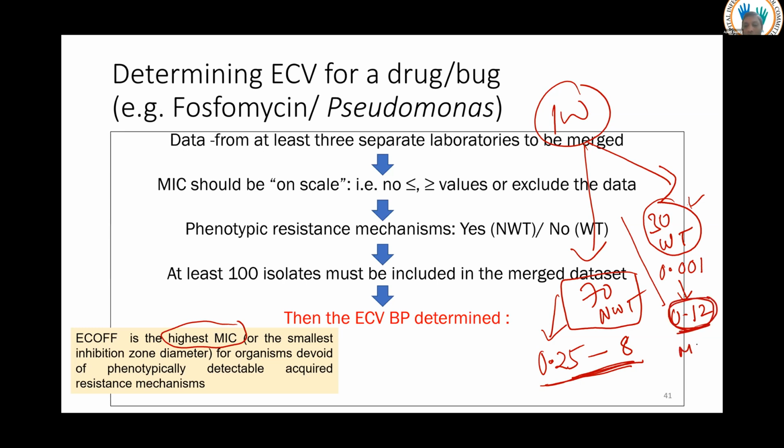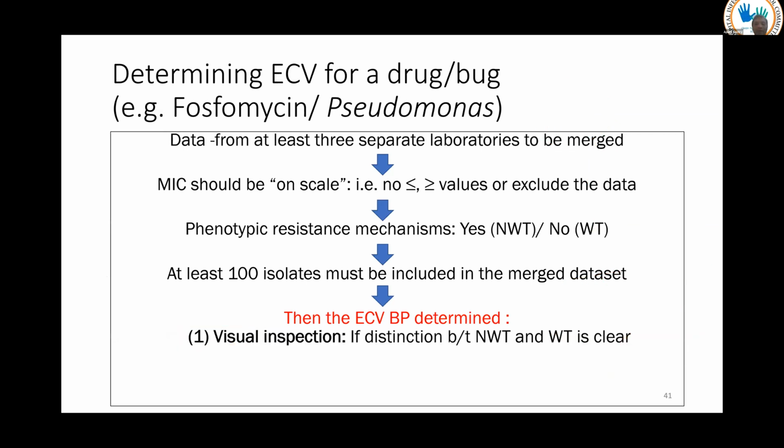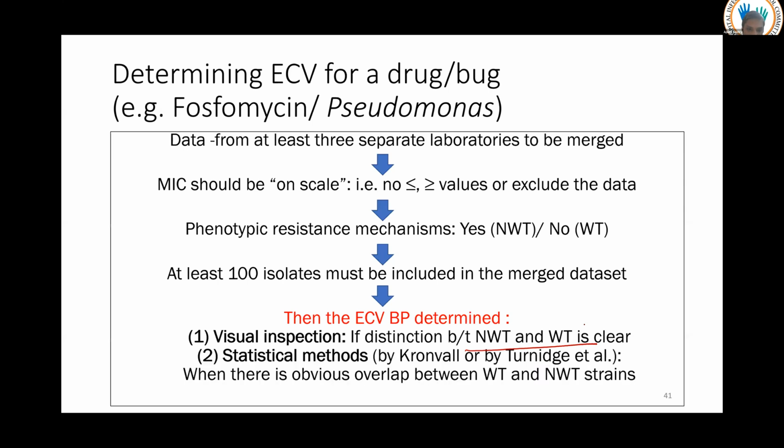So 0.12 will become the ECOF breakpoint for this example. So what I told you is the first method of determining the ECV breakpoint, which is visual inspection. If the wild type and non-wild type strains are clearly distinguishable from each other, then visual inspection itself is enough to determine the ECV.